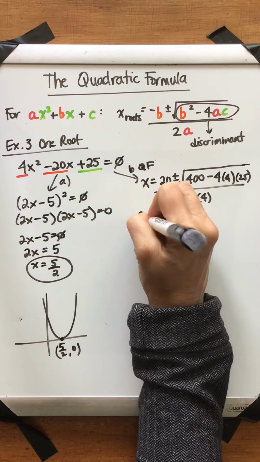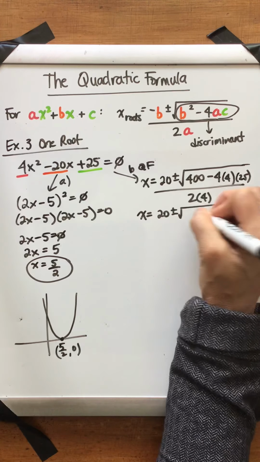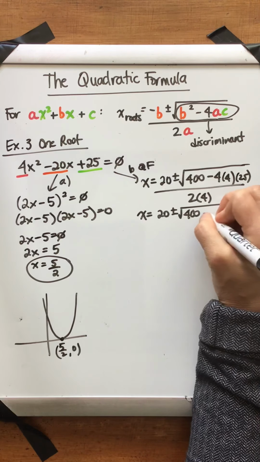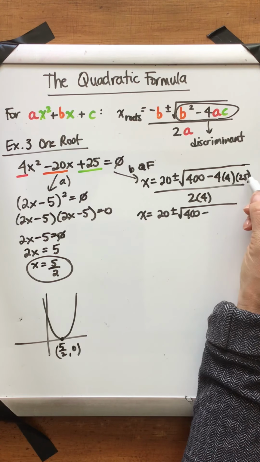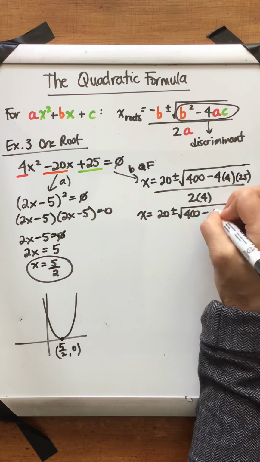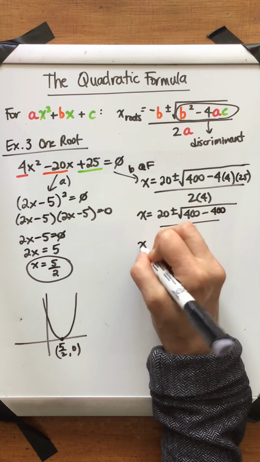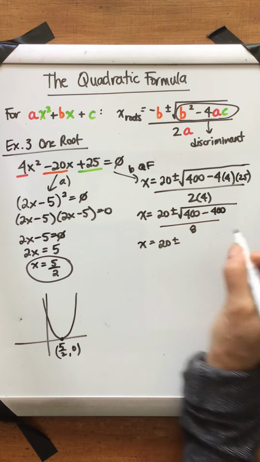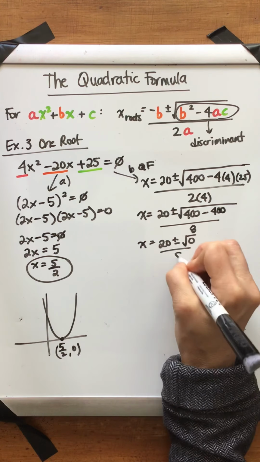So let's simplify this. X equals 20 plus or minus the square root of 400 minus 4 times 4 times 25. Well, I know 4 times 25 is 100, times 4 is 400, all over 8. Well, look what happens here. We end up with 400 minus 400, or the square root of 0.